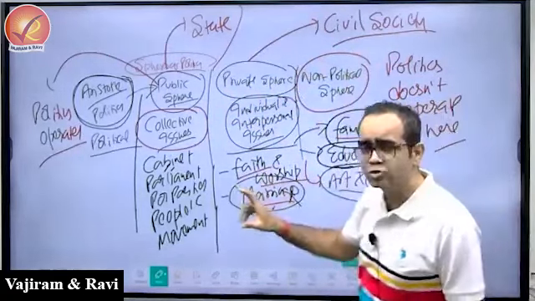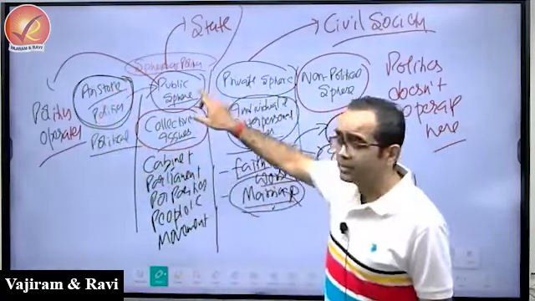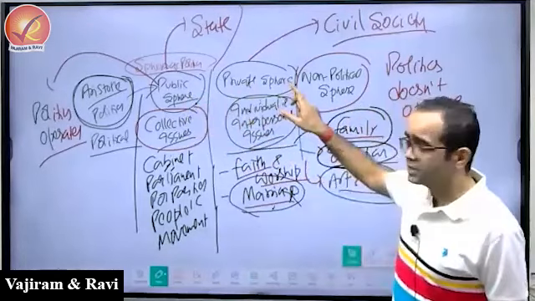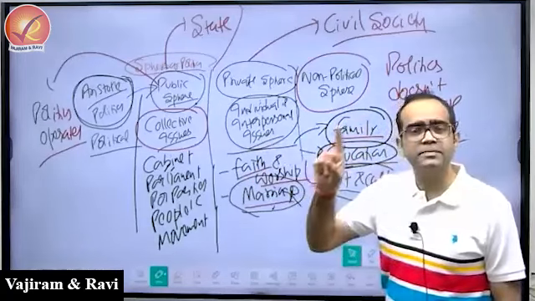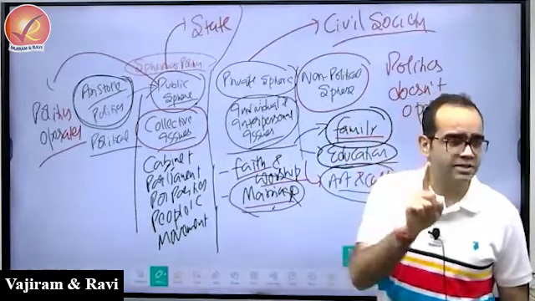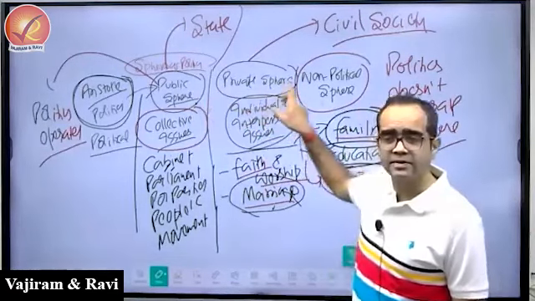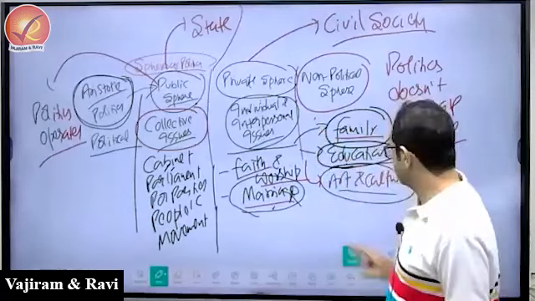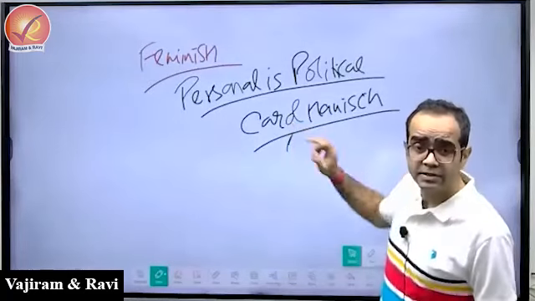The traditional notion of politics says that politics operates only in the public sphere. Politics does not operate in the private sphere. Feminists say no. If we consider politics as domination, we find that the same domination happens in public sphere as well as in private sphere. That is why Carol Hanisch gave the statement, personal is political.